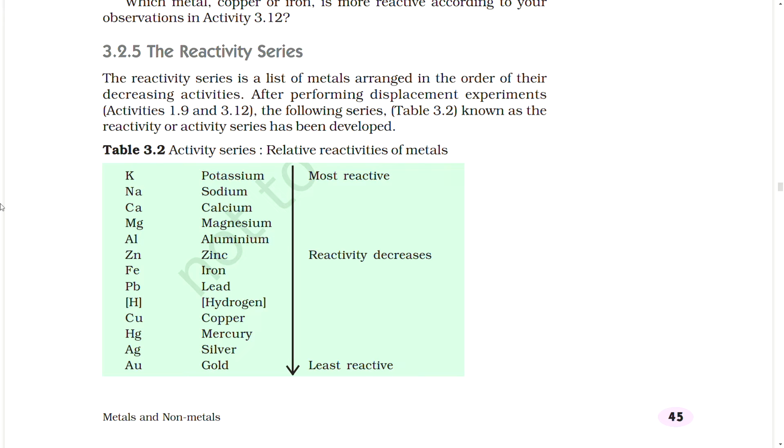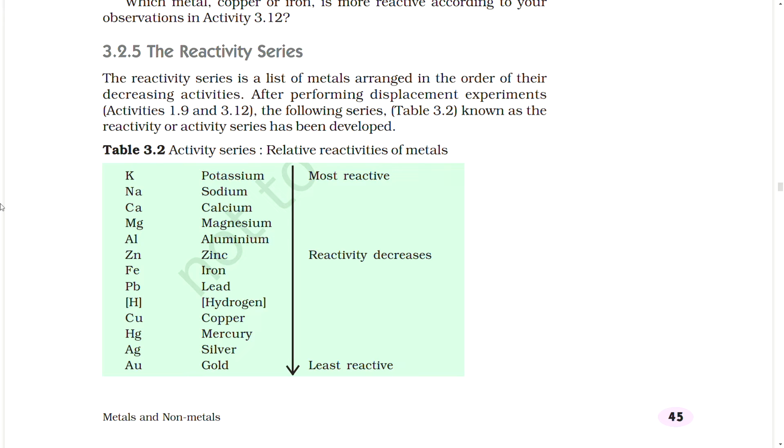The reactivity series. The reactivity series is a list of metals arranged in the order of their decreasing activities after performing displacement experiments, and the following table, known as the reactivity or activity series, has been developed. Table: activity series, relative reactivities of metals.